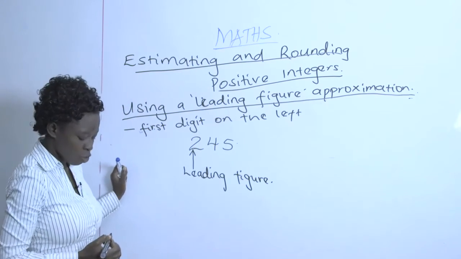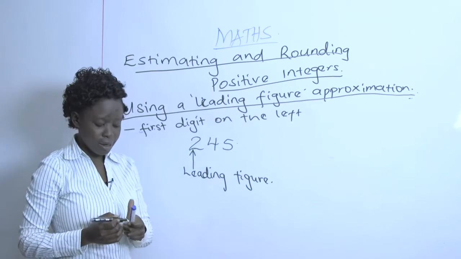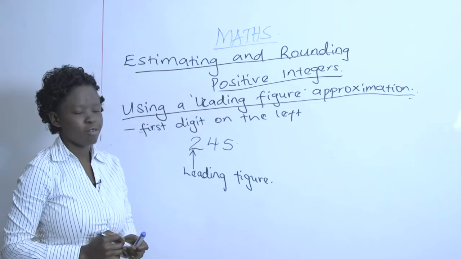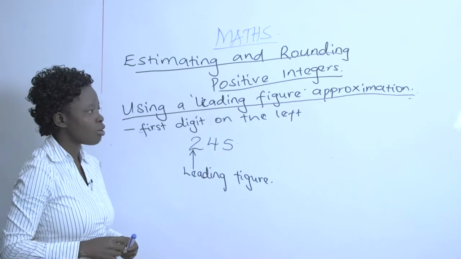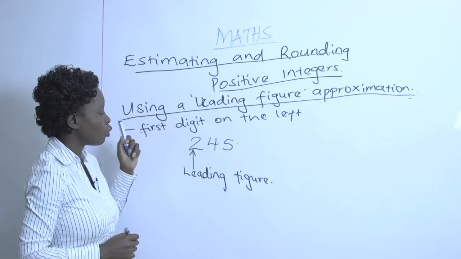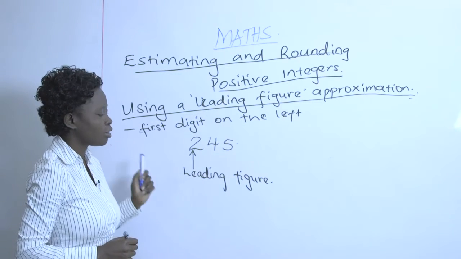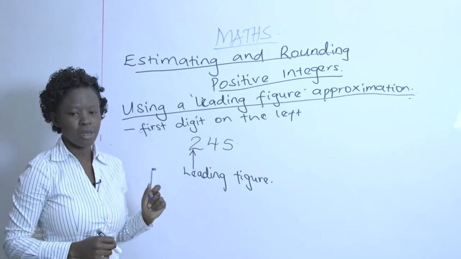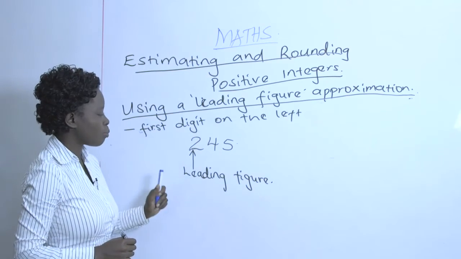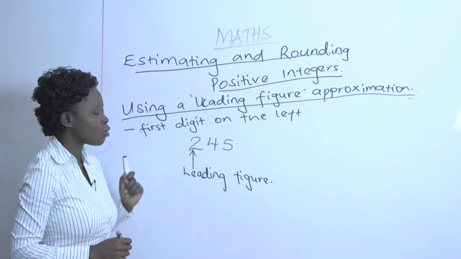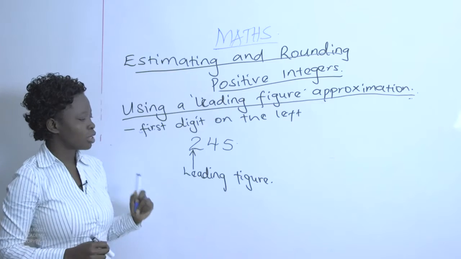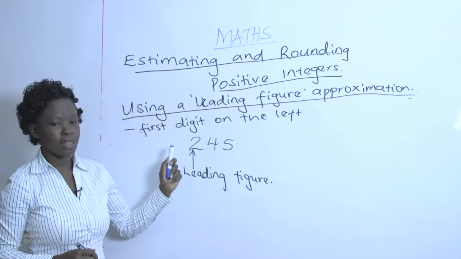So we can have a situation whereby you are rounding the leading figure in your process of approximation. So you could be asked to approximate using the leading figure. When you are asked to approximate using the leading figure, the rule still applies. The first thing you need to do is identify the leading figure.